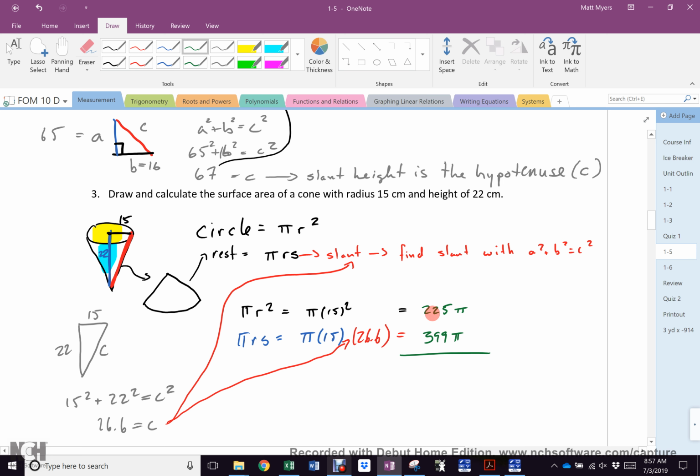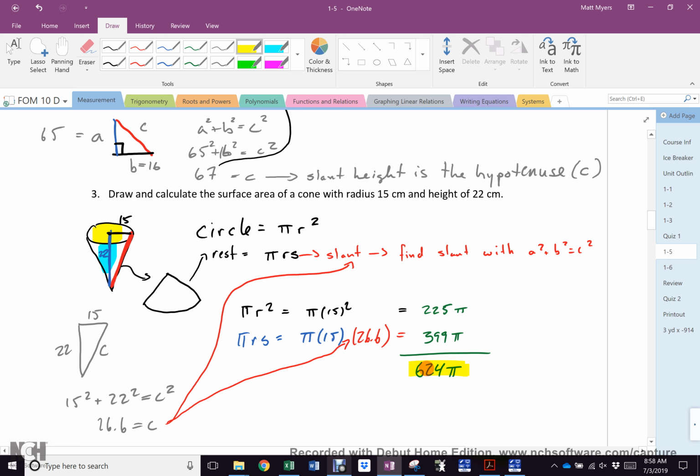Now, if I have 225 pi's and 399 pi, how many pi do I have? I got 225 of them there, and I got 399 there. So I have 624 pi, don't I? Does everybody understand what I did there? I'm going quickly, again, because it's summer school.